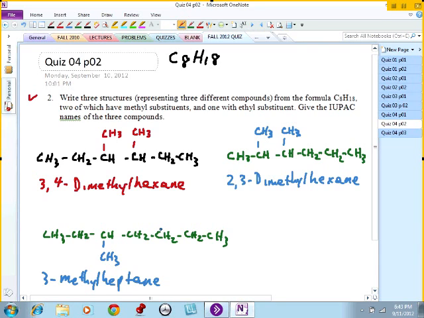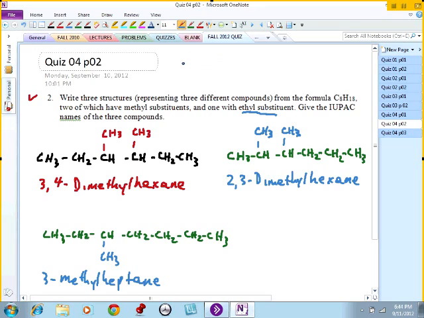What is the longest chain? Okay, so anyway, those are the possibilities. Now, about the one that says you must have an ethyl group, what would that look like? Since the ethyl group is 2 carbons, what would be the longest carbon chain? 6, okay?